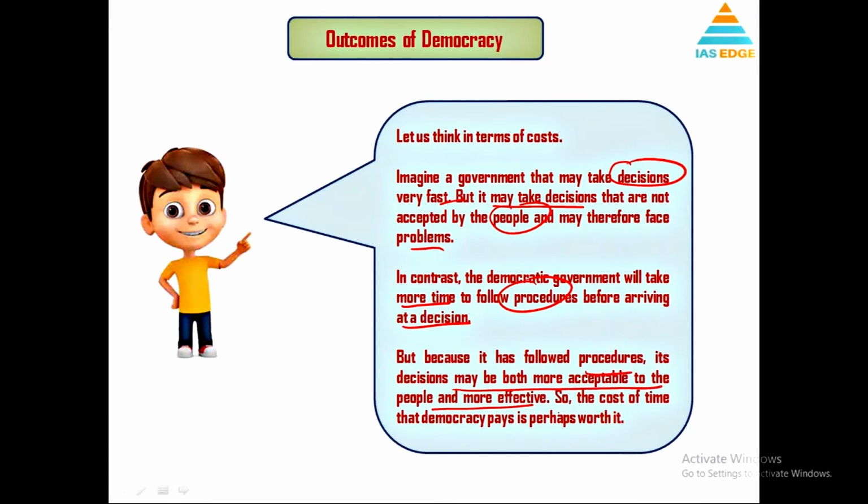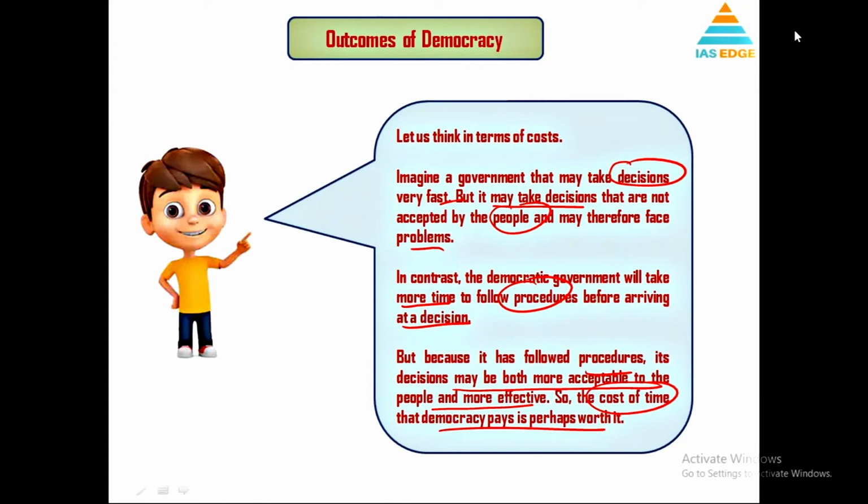So at one end it might look like a delay, but at the same time that decision is not taken on whims and fancies. There is a proper check and mechanism. So you might feel that a democratic system might be inefficient because there's a delay, maybe things do not happen.